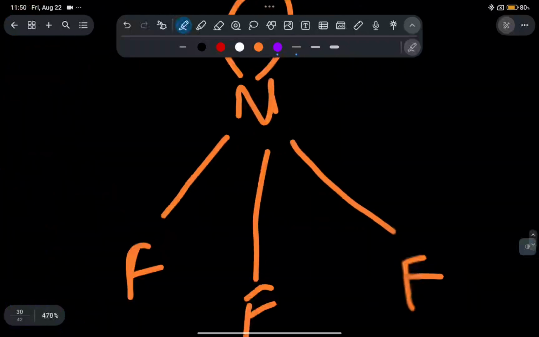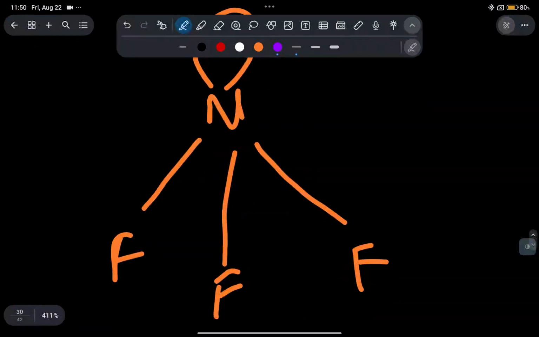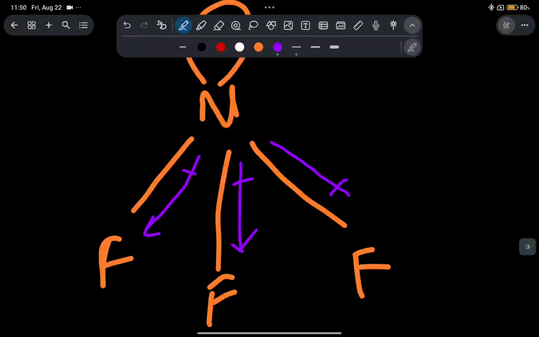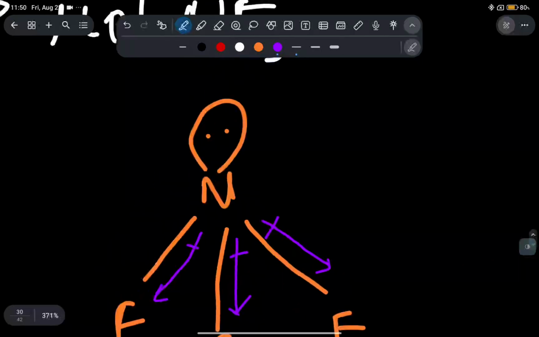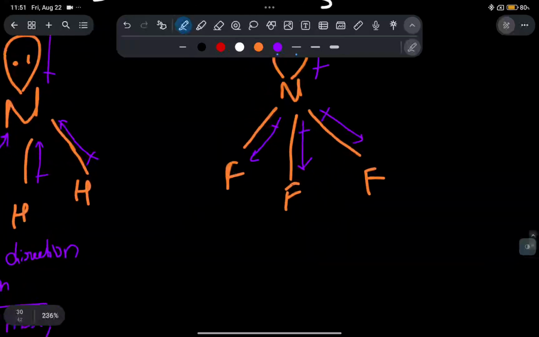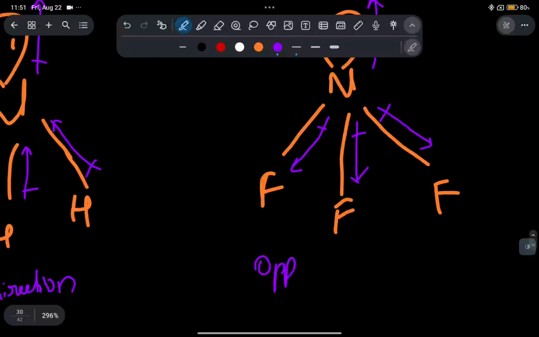If you see here, from the central atom, the direction is this on the side of fluorine. The fluorine, but it is in the opposite direction of upside. Opposite direction means electronegativity is more for fluorine, but here the opposite direction is there from the central atom.